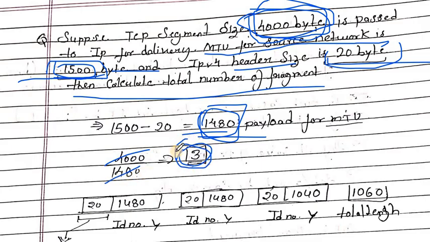It means that we can divide the 4000 byte packet into 3 parts.